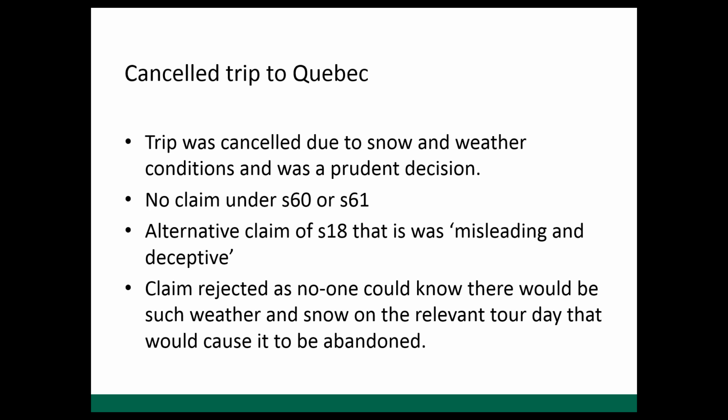So he said there was no claim under Section 60 or 61 in this case. They also tried to claim Section 18, that it was misleading and deceptive, which we covered in Part 1, but he rejected that claim as well and said that no one could have known that there was weather and snow on the day, so no claim here under either of those.